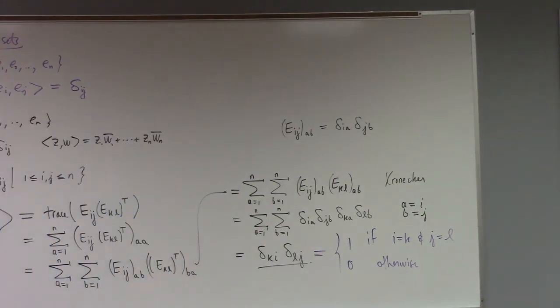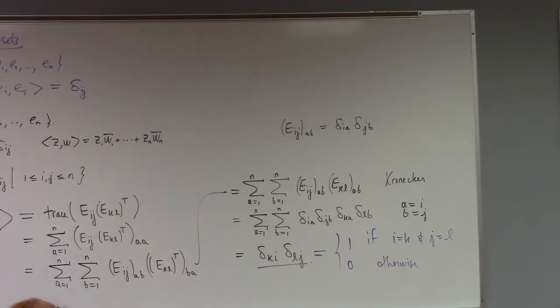Which is what we want. That says that when these match up, you get 1, and otherwise they don't. In other words, this is an orthonormal basis. The same calculation shows you that that's orthonormal for n by n complex matrices.